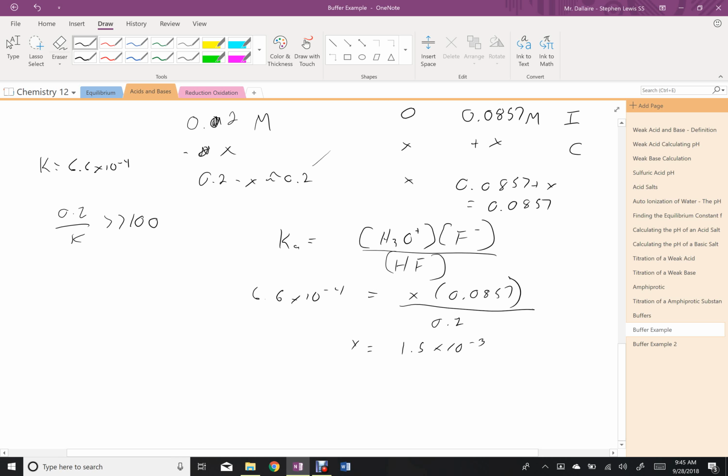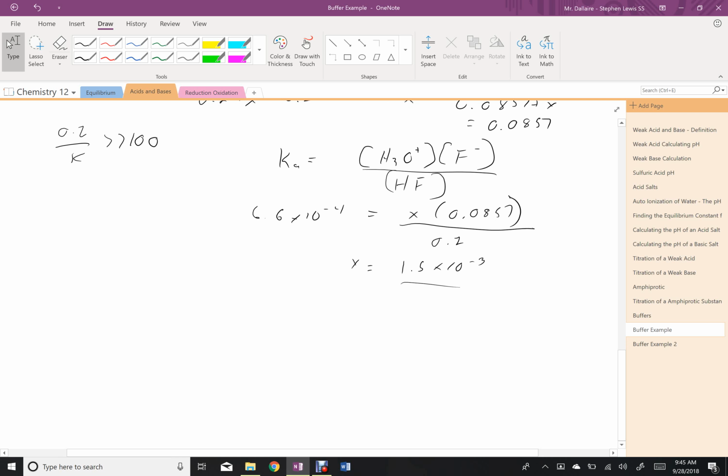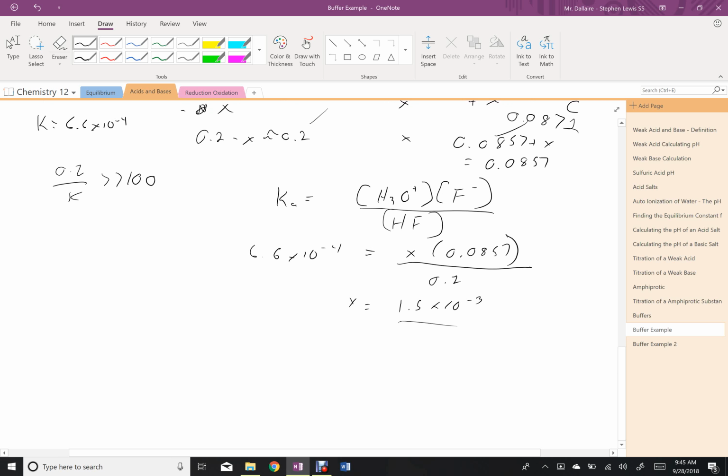So this is good, and this is still okay. This would have been, with the addition, would go up to 0.087 or so, and that's close enough to 0.0857 for my calculation here. So both of those assumptions are okay. So the concentration of H3O+ is equal to 1.5 times 10 to the negative 3, and I can do the pH of that.